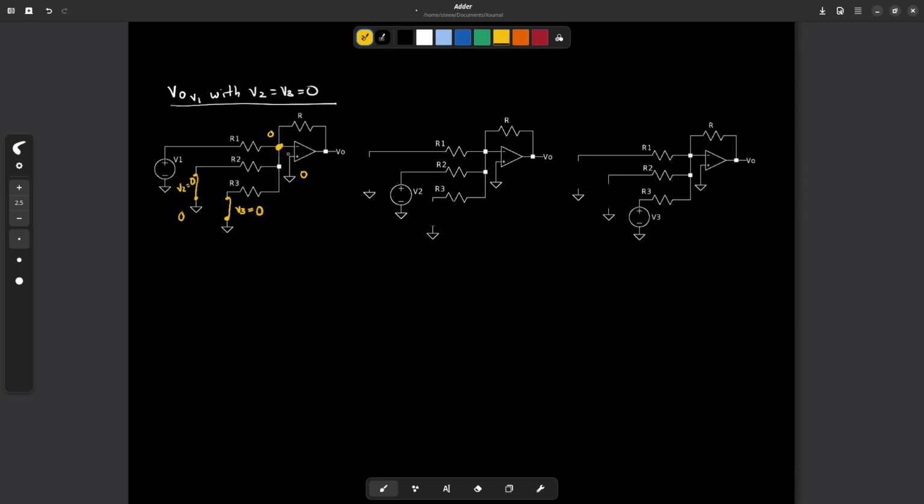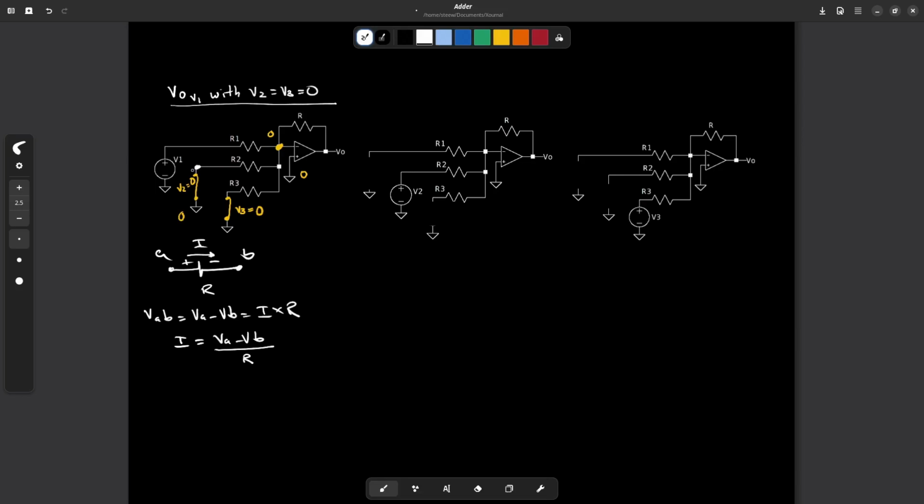So by virtual short circuit, V minus equals 0. So going back to Ohm's law, which we drew before, if you see carefully, the current flowing through a resistor equals this.